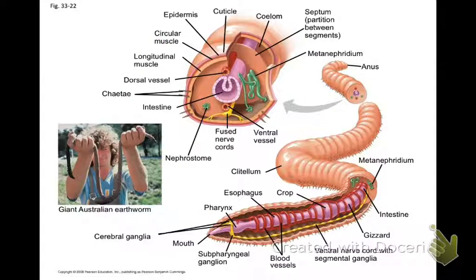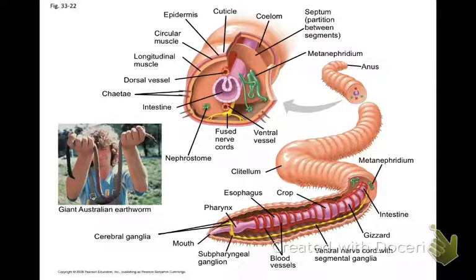Okay, then above and below the intestine, you have dorsal and ventral blood vessels, and adjacent to the ventral blood vessel, you have a nerve cord that runs along the ventral surface of the body wall.